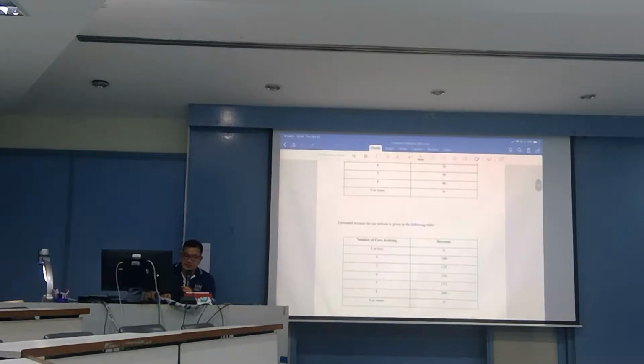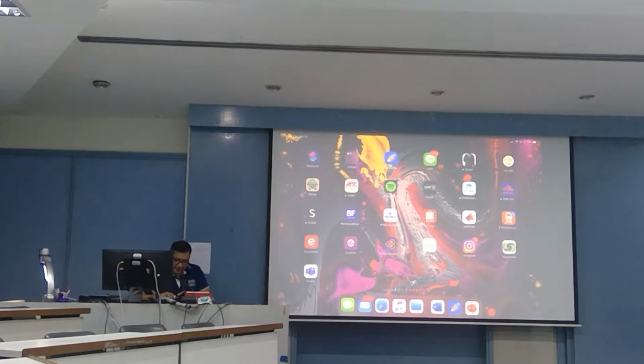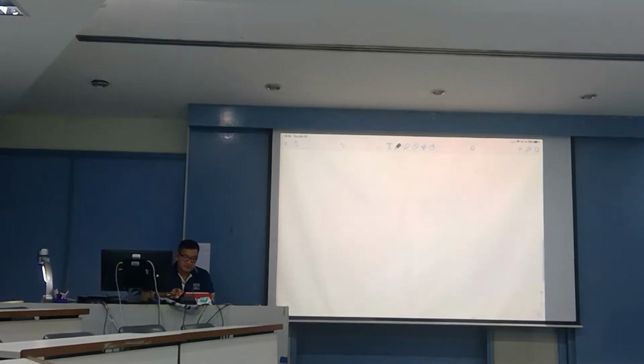So okay, in this case, we can see that it is just the same as a previous example, right? So we're going to have the car arrival.